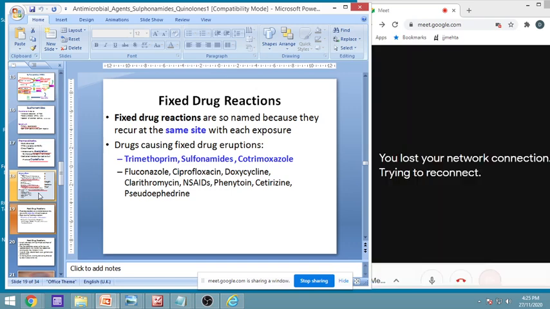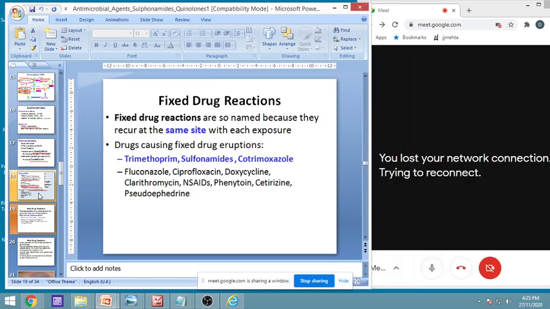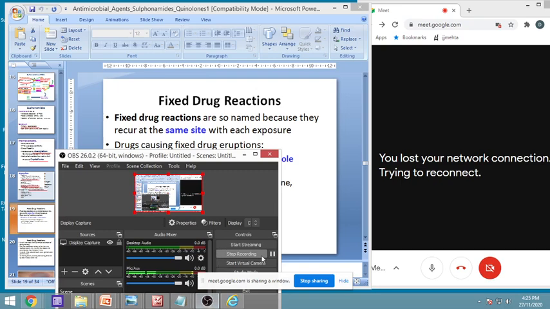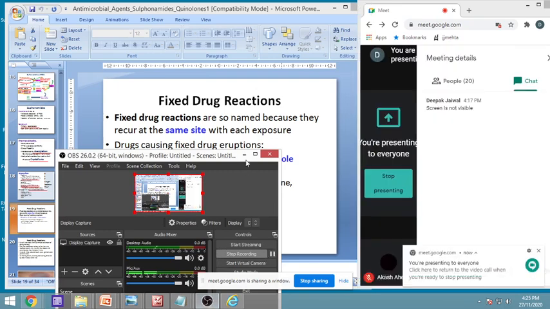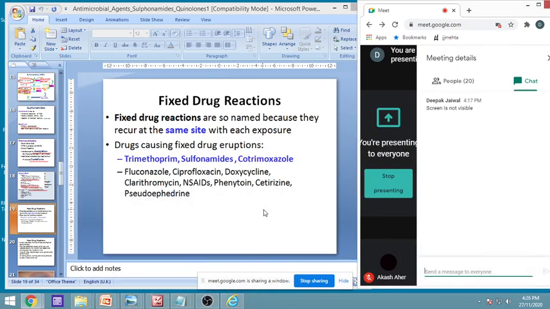They have to be maintained accordingly. They have to be checked. So these were fixed drug eruptions.